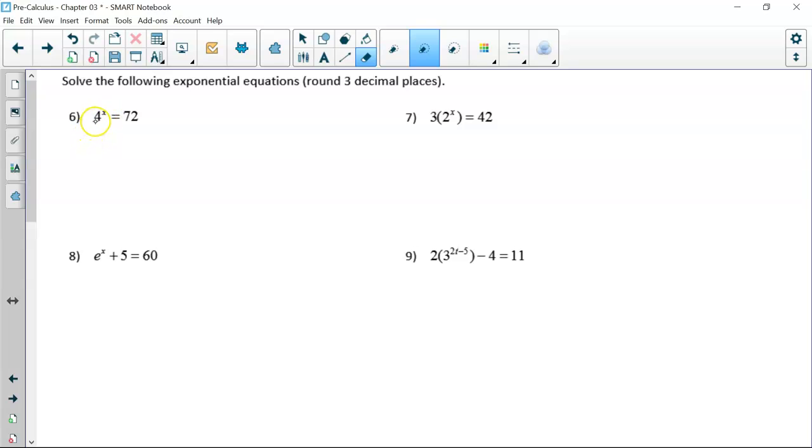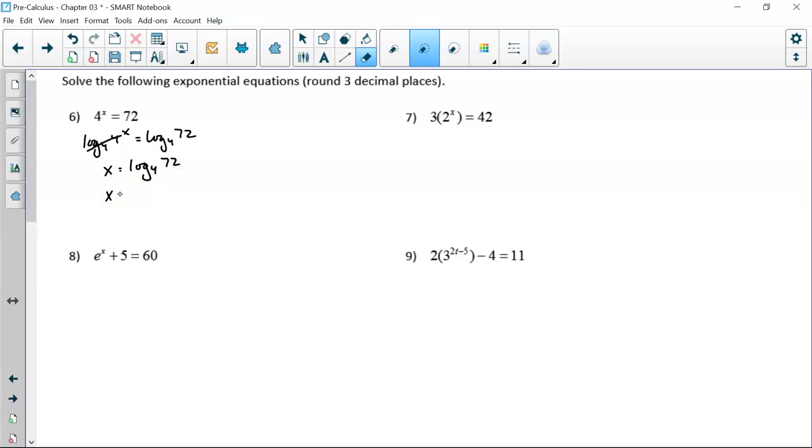To do that, the base is 4, so we're going to use log base 4 of 4 to the x equals the log base 4 of 72. I didn't see an easy way to rewrite both sides. So on the left-hand side, the log base 4 of 4 cancels out. So we end up with x equals the log base 4 of 72.